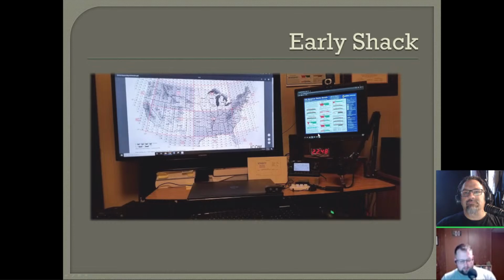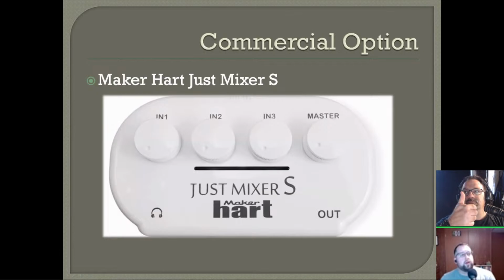Let's see, make sure I can advance through these slides. So this was what I arrived on for an off-the-shelf solution. The MakerHeart Just Mixer 5 allowed me three audio inputs and two outputs.